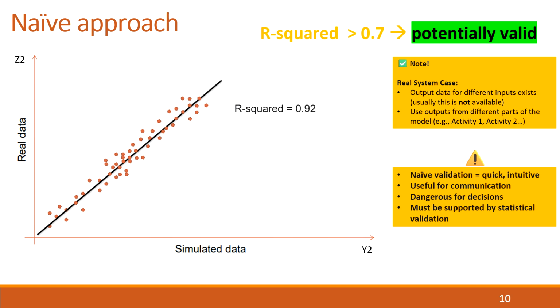This approach is quick and intuitive, and it's useful for communication with the stakeholders, as I have stated. But it can also be misleading and even dangerous if used alone for decision making. That is why the naive validation should always be supported by proper statistical validation and deeper analysis.